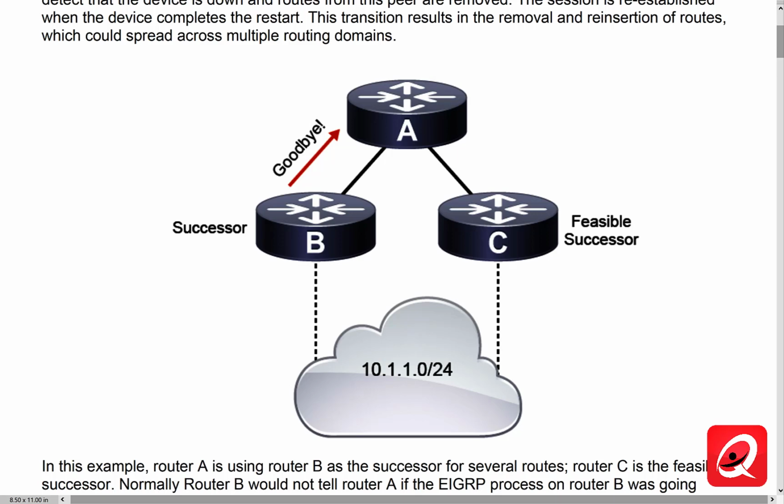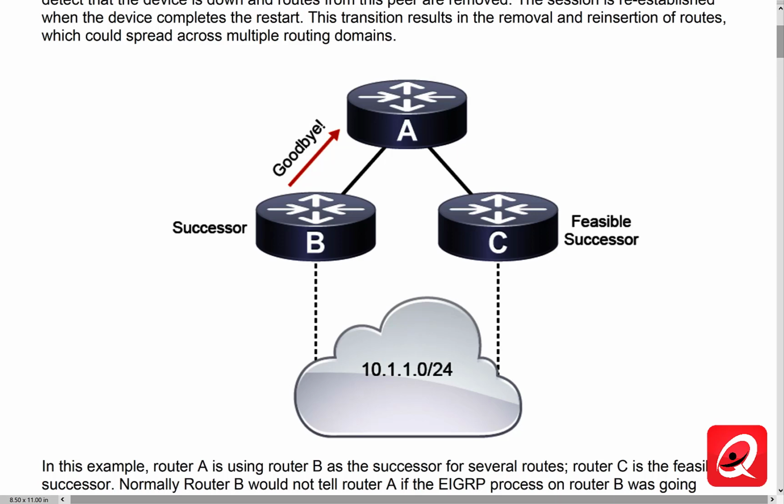You can do stateful switchover to switch from one route processor to another without losing adjacencies. Stateful switchover switches CPU functions from one route processor to the other, and Graceful Restart allows for the continued forwarding of data packets, so we're not losing packets in this process.